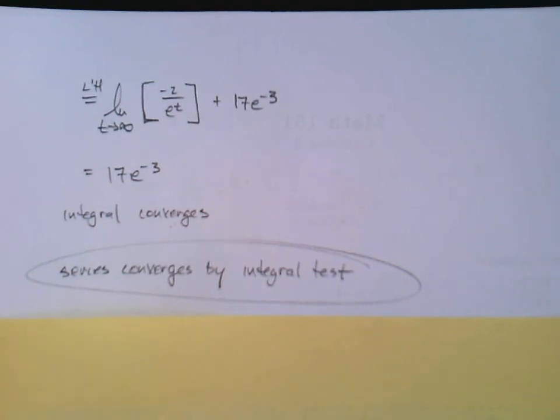But then we can immediately imply that the series starting at n equals 1 converges. We already showed that logic back before. So let's just state it here. The original series, n equals 1 to infinity, converges by the integral test.